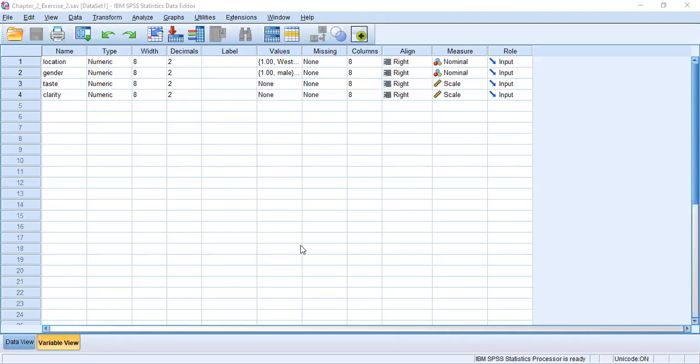So the water tastes much better for Midwest as compared to West Coast, whereas clarity also is quite high, 8.7 as compared to 7.8 of West Coast. And the standard deviation is 0.91 for taste and 1.15 for clarity. That's the standard deviation we got. If you look at the East Coast, the mean is 5.9.